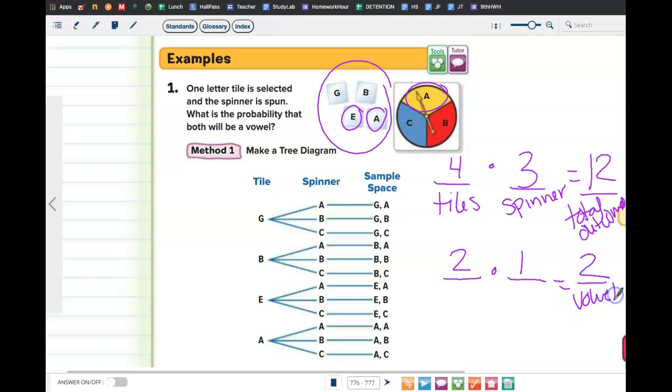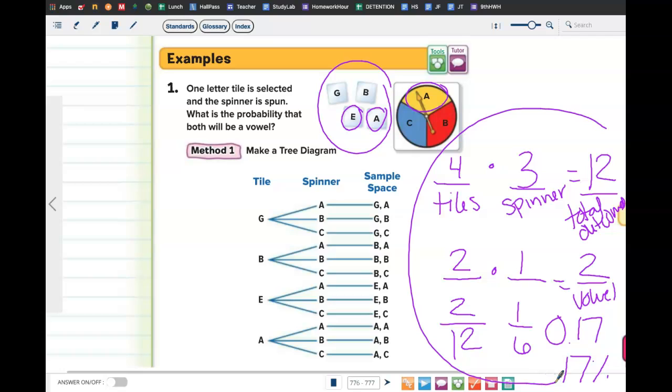Therefore, there are 2 out of the 12 total outcomes that would give me 2 vowels. And like we said, we could reduce it to 1/6, 17 hundredths, and 17%. So there are 2 different ways that we can solve them: tree diagrams or using the fundamental counting principle.